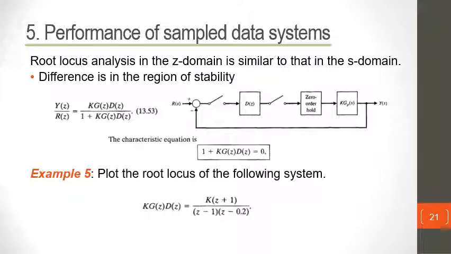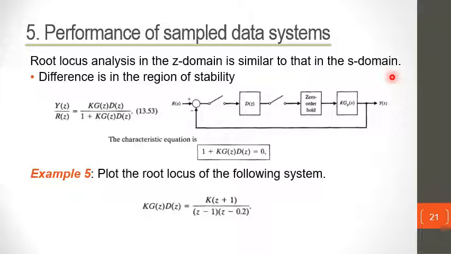Now, one other important thing that you can do as an assessment is to look at the root locus analysis in the Z domain, which is very similar to the S domain. In fact, exactly the same. The only difference is that this time the chart you plot is the Z domain.